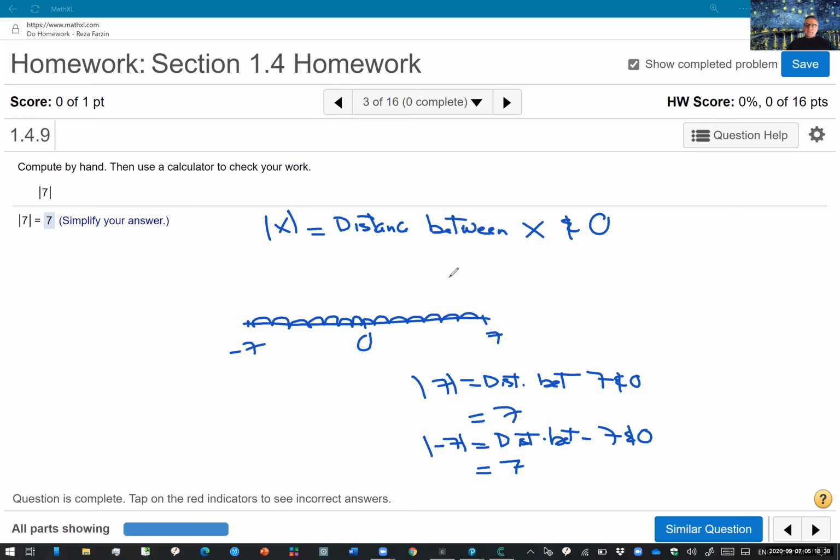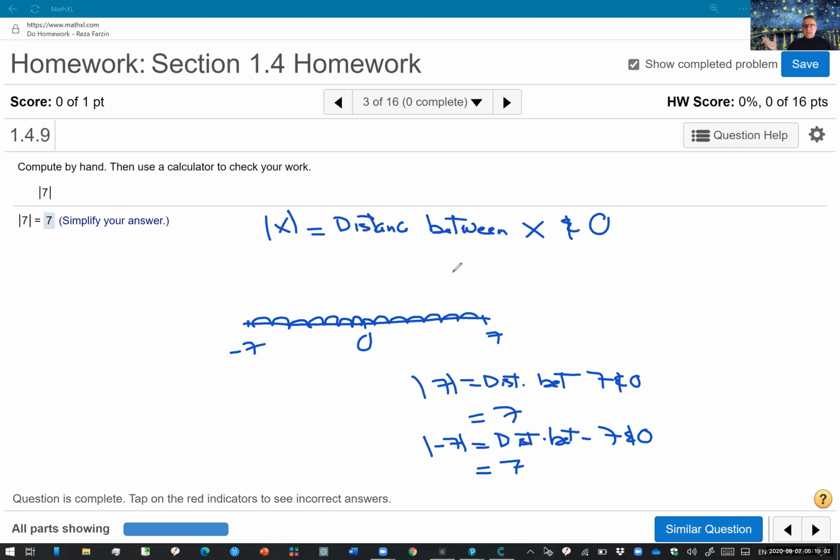What do you think? It's the distance between a number and what? Itself. What's the distance between some number and itself? 0. Exactly. So that's the worst case scenario for distance, right?